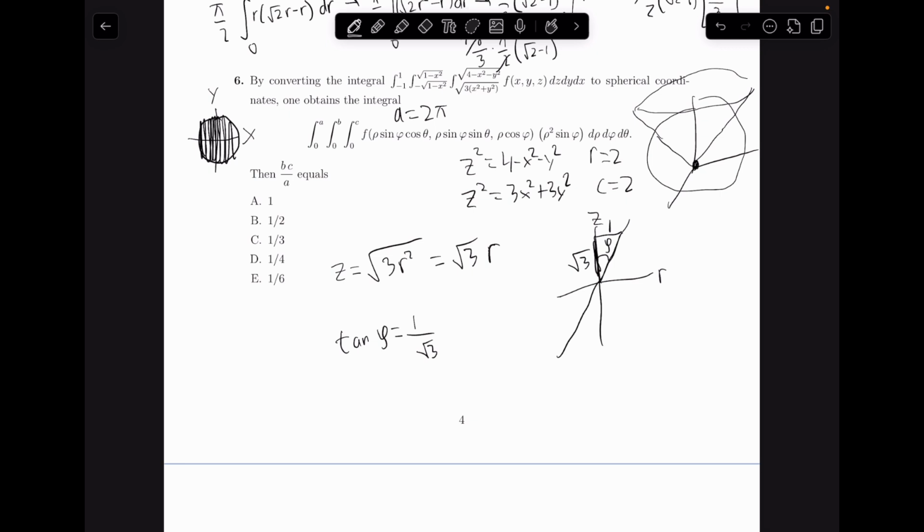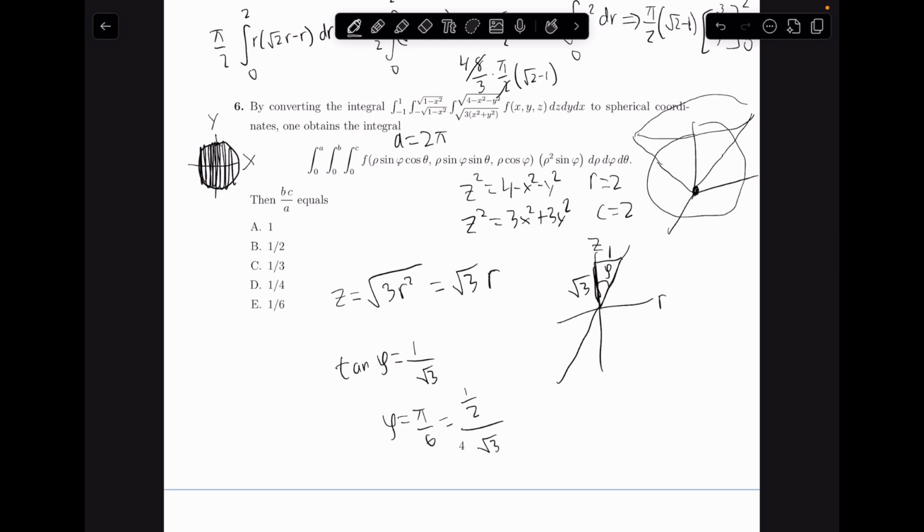Tangent is sine over cosine, so it is going to be pi over 6. The reason is, I know sine pi over 6 is 1/2, and cosine pi over 6 is root 3 over 2. We cancel out the 2's, so we just get 1 over root 3. So our phi value is going to be pi over 6.